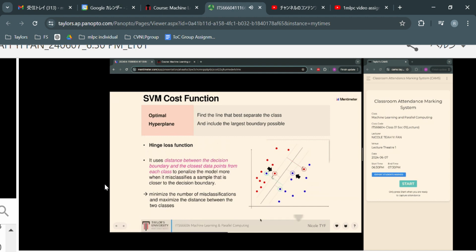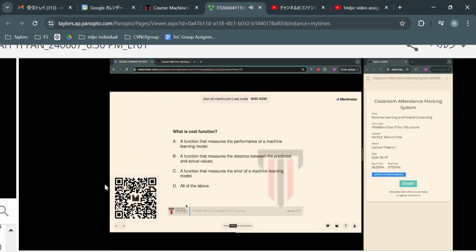So there are two things we are trying to figure out: first, minimize the number of misclassifications, and second, maximize the distance between the two classes. How it makes this decision is the trade-off or balance between the two. This makes SVM much more powerful compared to logistic regression, and we'll come to an example in the later slides. So before we move on, quick question.